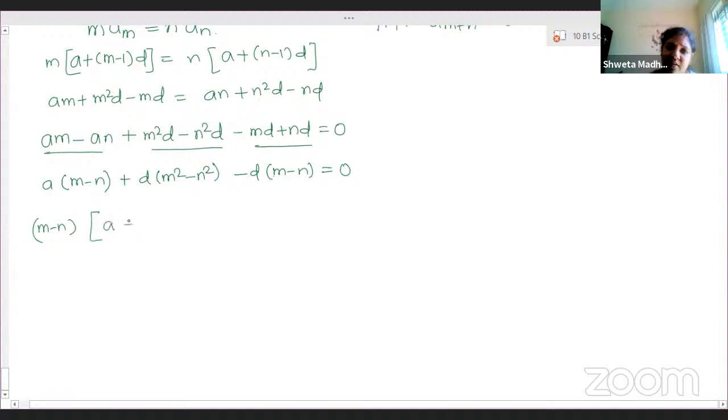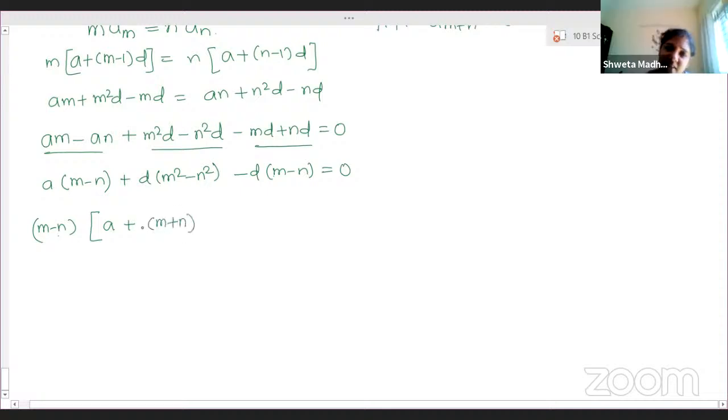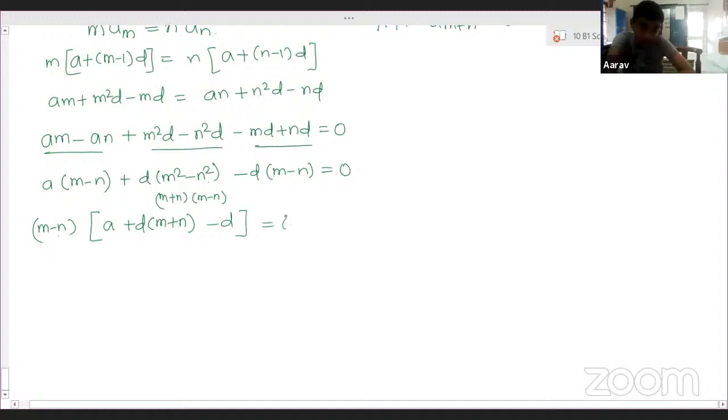First part left out is a, plus d into (m square minus n square). We have taken m minus n common, so what is left? A into (m minus n), d into (m minus n) (m plus n). M square minus n square is (m plus n) into (m minus n). So this m minus n we have taken common, and left out is a, then m plus n into d, and then minus d equal to 0.